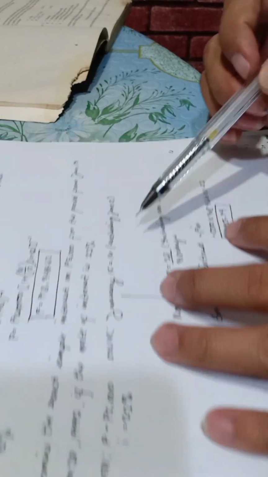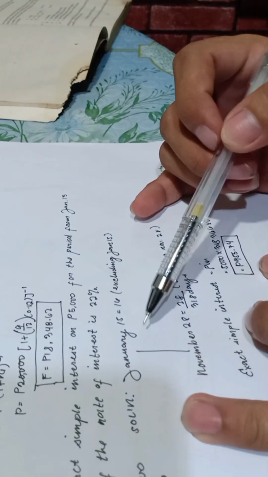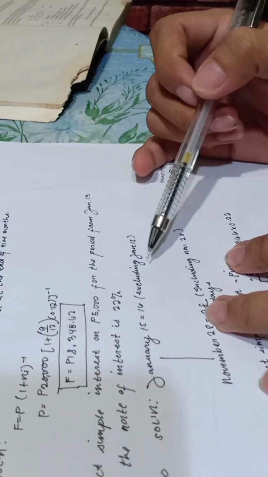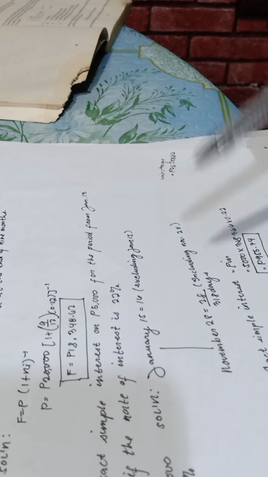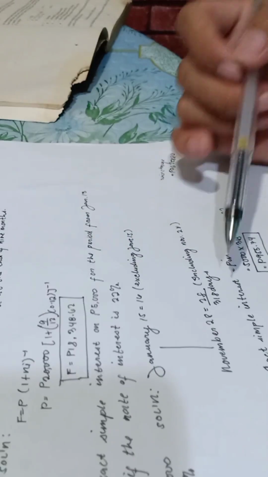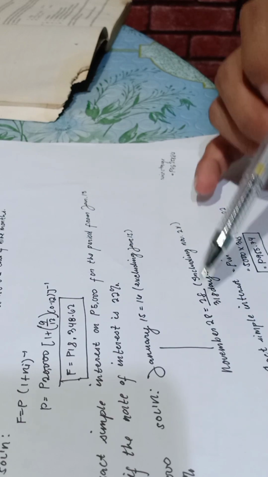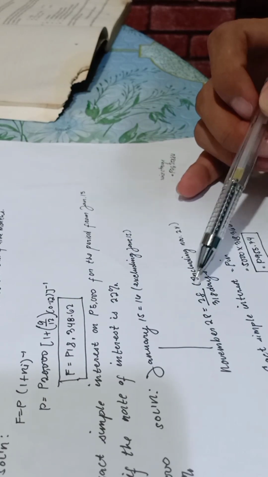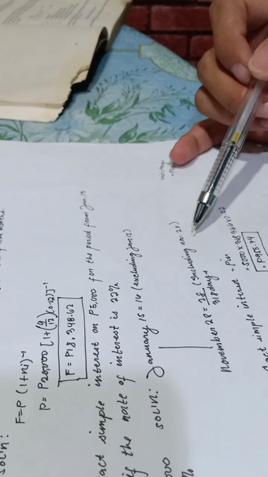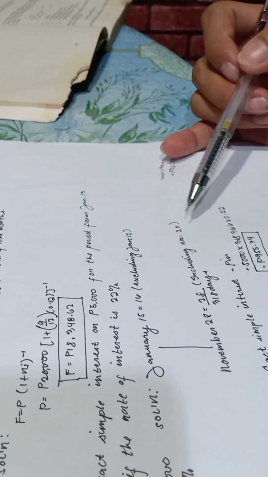The solution: January 15 is equal to 16 days, excluding January 15, to November 28 is equal to 28, including November 28, for a total of 318 days, including November 28.